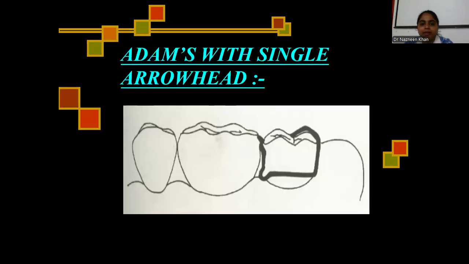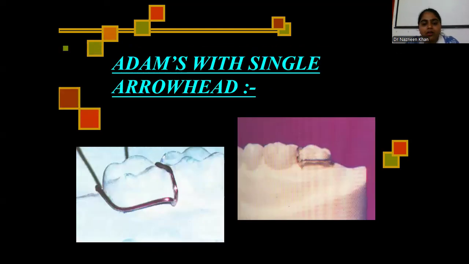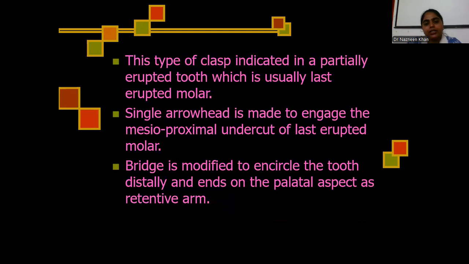This is the Adams with single arrowhead. This type of clasp is indicated in a partially erupted tooth, which is used in the last erupted molar.